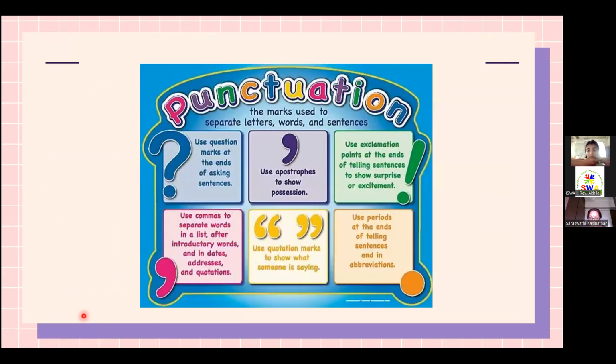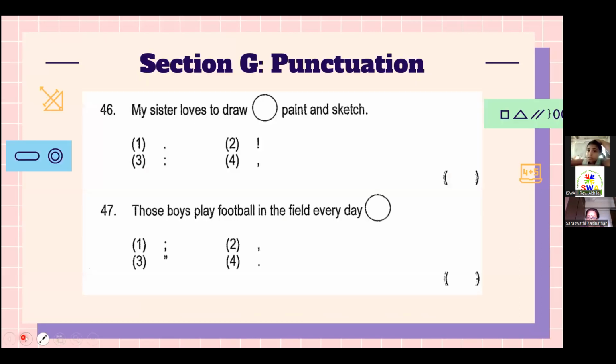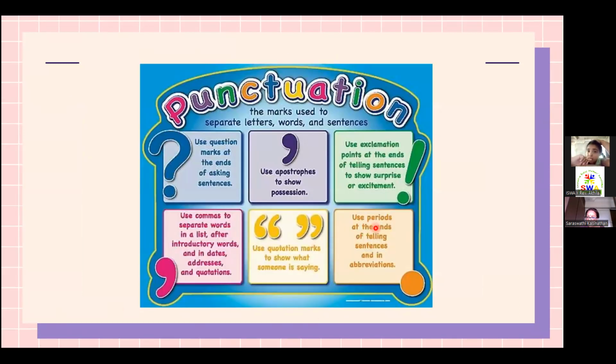All right. Now we are going to go to another part of this paper called punctuation. Right. The marks used to separate letters, words, and sentences. Okay. That's what we call punctuation. We use a question mark at the end of asking sentences. So if you're asking something, if you have a question, you end it with a question mark. Use apostrophes to show possession. That means Sarah's, okay, maybe let's have another name. Dinula, okay?